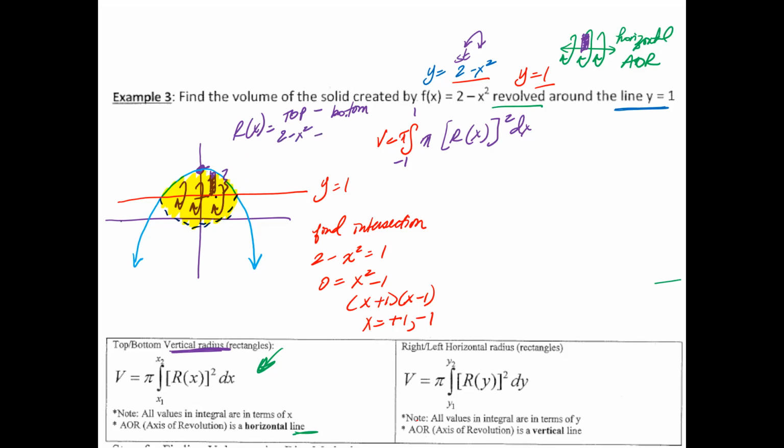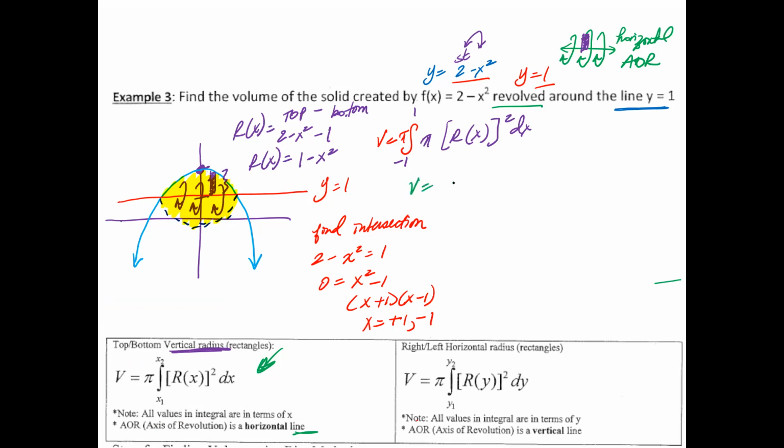What is the bottom of this? The bottom of this is going to be, because you're essentially looking at this from the perspective of finding the area of this rectangle, this red, which is 1, so minus 1. So r of x is equal to 2 minus 1, which is just 1, minus x squared. So there's your r of x.